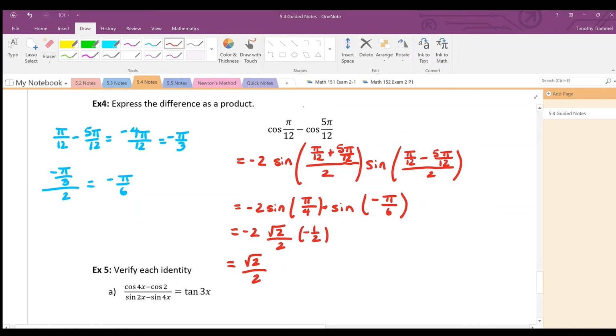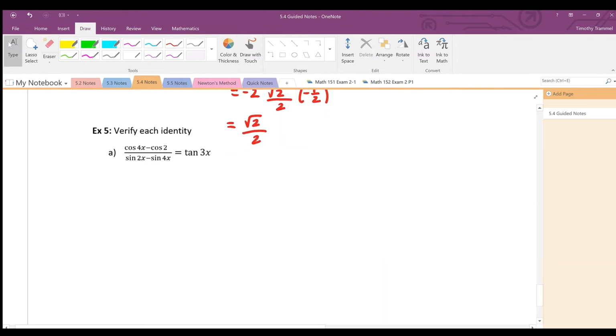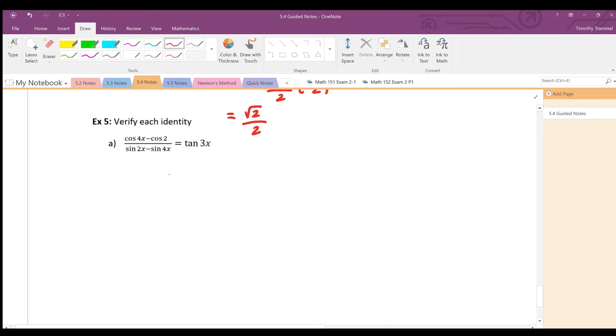Let's go ahead and verify just one identity here. So we have cosine of 4x minus cosine of 2x over sine of 2x minus sine of 4x is equal to tangent of 3x.